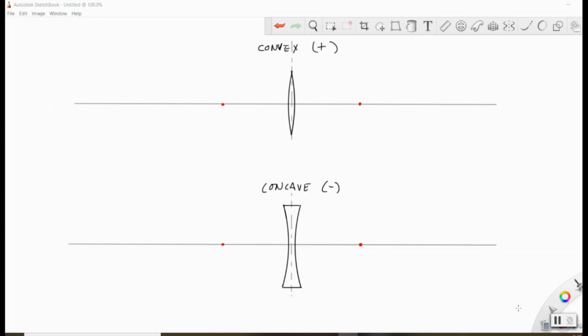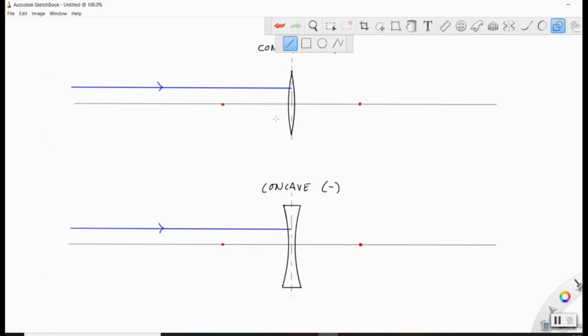If we take a parallel ray on both, and remember, by parallel ray I mean parallel to the optical axis, right? Sometimes we say that it comes from infinitely far away. If I take this parallel ray, then for a convex lens or a positive lens, it's going to cause this ray to focus toward this focal point, which we've already discussed.